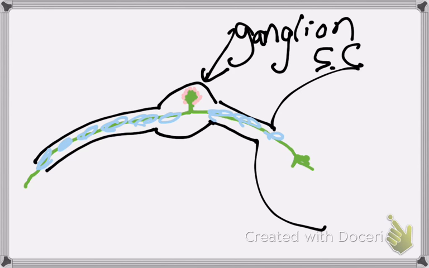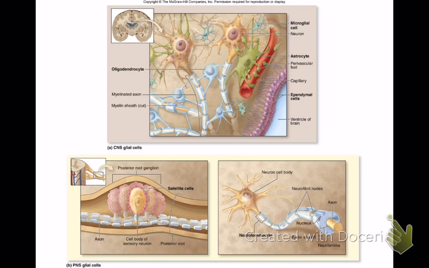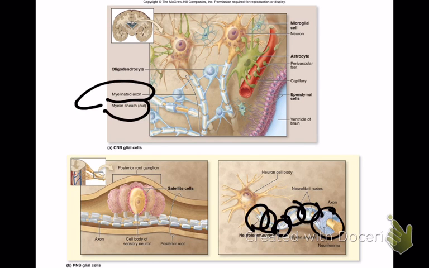Okay. Let's go back to the big picture in the book. And here what I want to point out is that there's myelin in both. The Schwann cells give me the myelin sheath in the PNS. We call it the neurolemma. But I also have myelinated axons in the CNS.